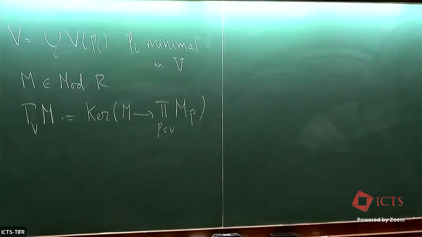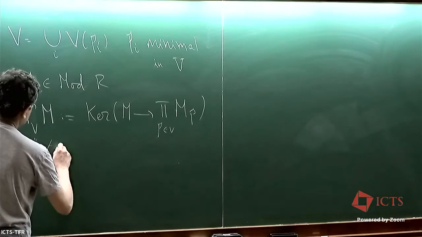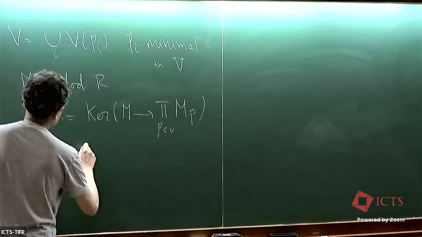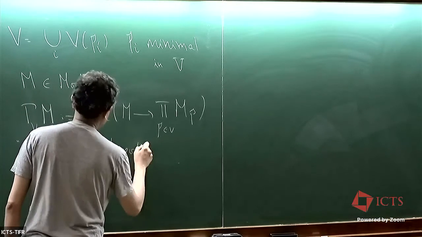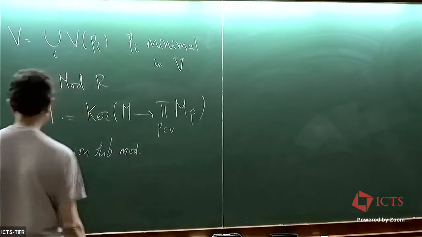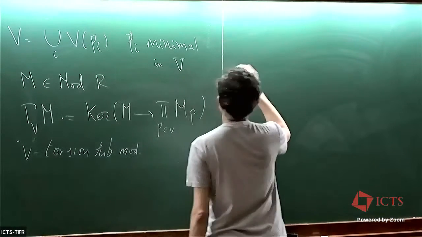So it's the submodule consisting of elements supported on V. All right, and then we looked at the derived functor, which is the local cohomology functor.